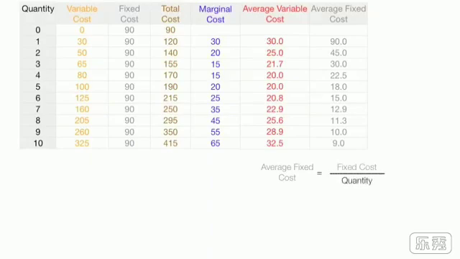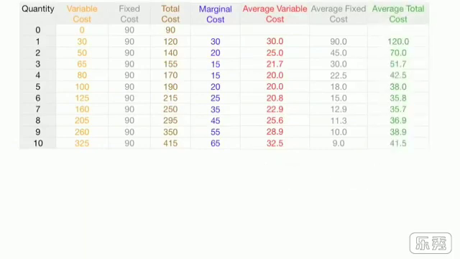I'm going to bring in the average total cost column back again. And average total cost is equal to total cost divided by quantity. So now I'm going to talk about these relationships between these columns. So average variable cost plus average fixed cost is equal to average total cost. And you can see that if you go across the columns, 20 plus 18 is equal to 38.